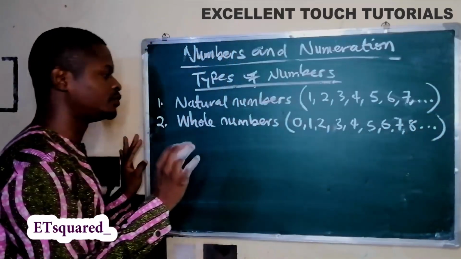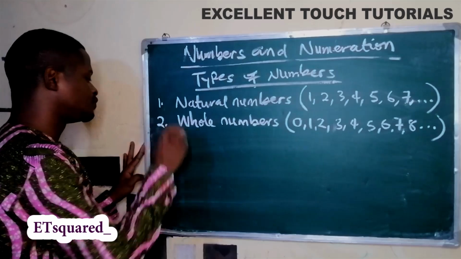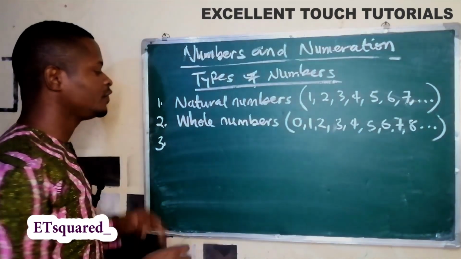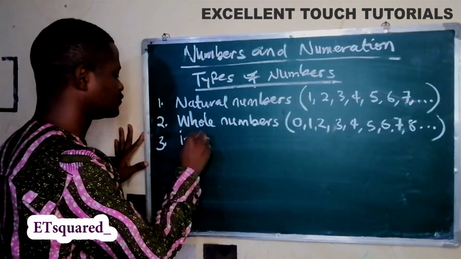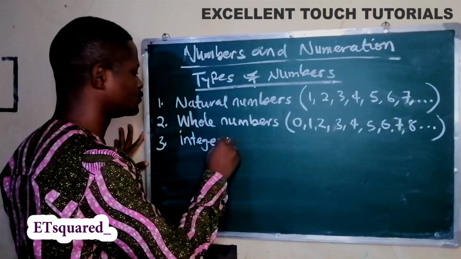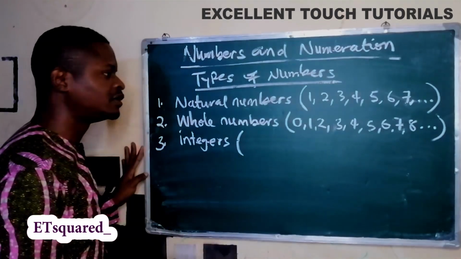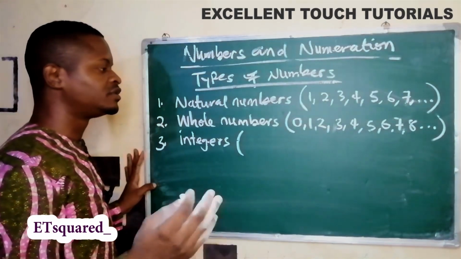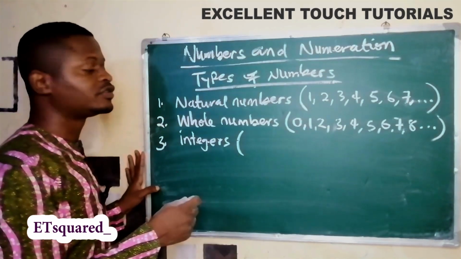Then number 3, we have integers. Integers are positive numbers, 0, and all negative numbers combined.